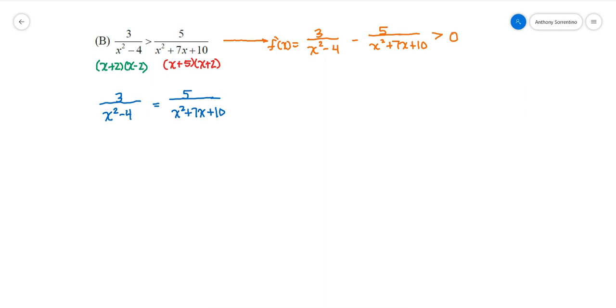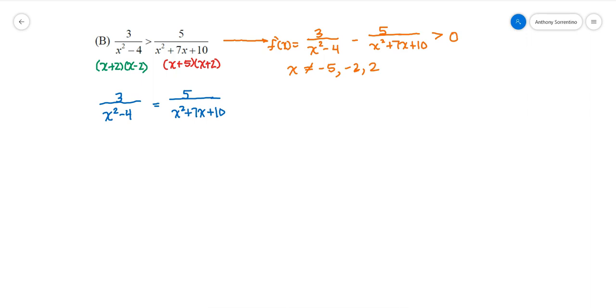So I know as a part of my domain restrictions, x cannot equal -5, -2, or +2. Those will create zeros in the denominators of one or more of these rational expressions, and that means it won't exist, and therefore I wouldn't be able to solve anything.